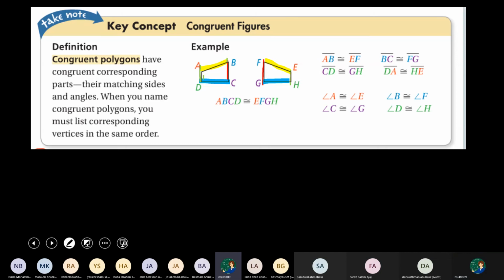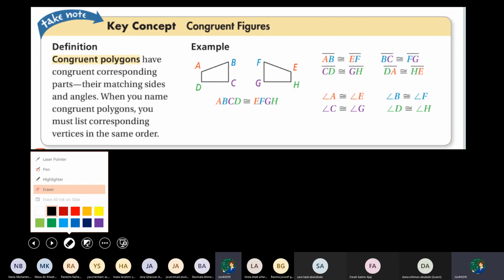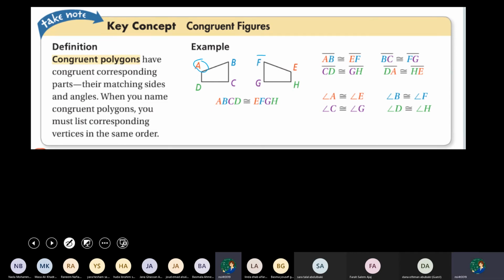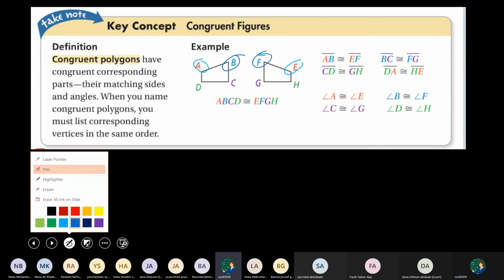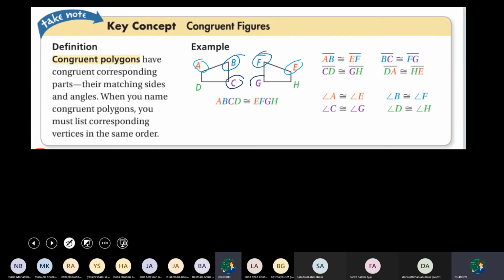Angle A is congruent to angle E. And also angle B is congruent to angle F. And also angle C is congruent to angle G. And angle D is congruent to angle H. So, when you name congruent polygons, you must list all the corresponding vertices in the same order, and you also have to check all the sides and all the angles to see if they correspond or not.